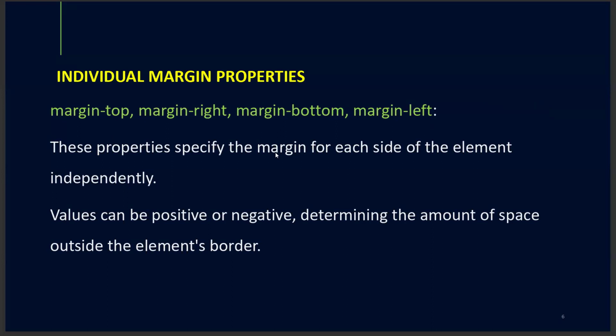These properties specify the margin for each side of an element, and they are set independently. Values can be positive or negative, determining the amount of space outside the element border. Like the way we use the negative margins, you can also use the positive margins. But it's important to use the positive margin all the time, and be careful while using the negative margins.